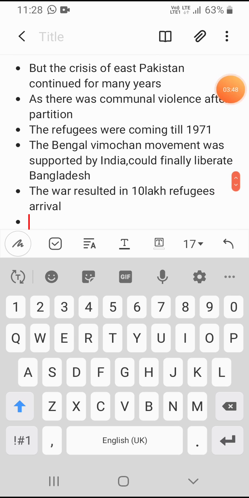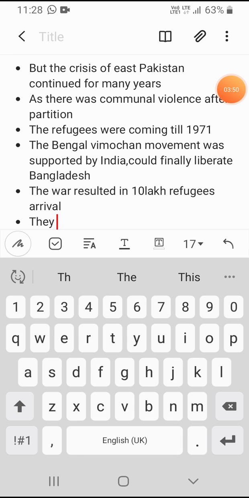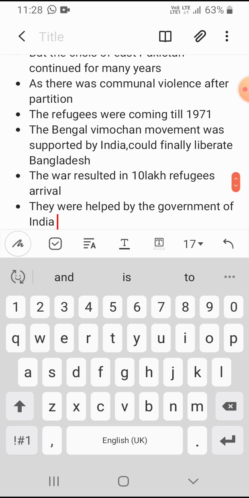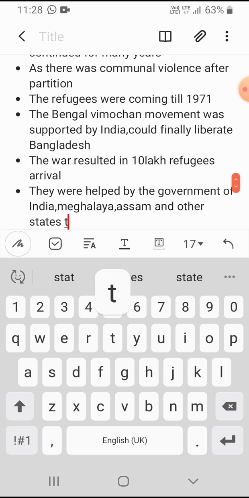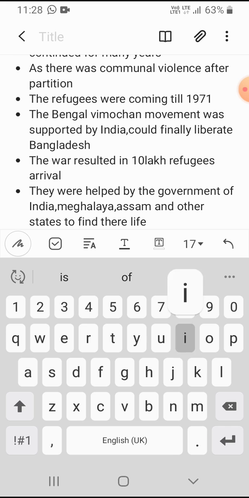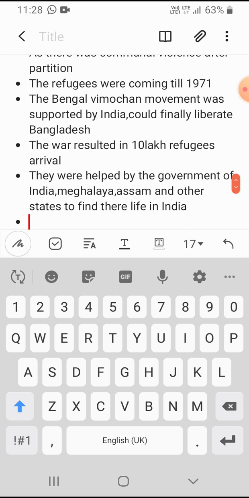They were helped by the government of India, in Meghalaya, Assam, and other states, to find their life in India.